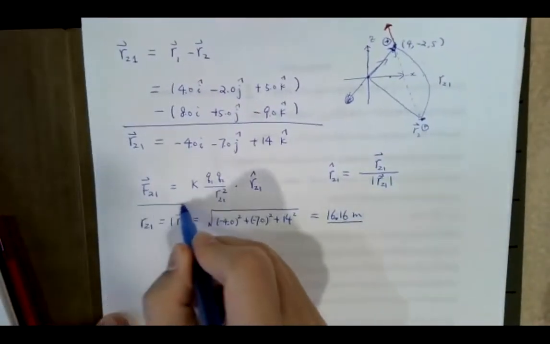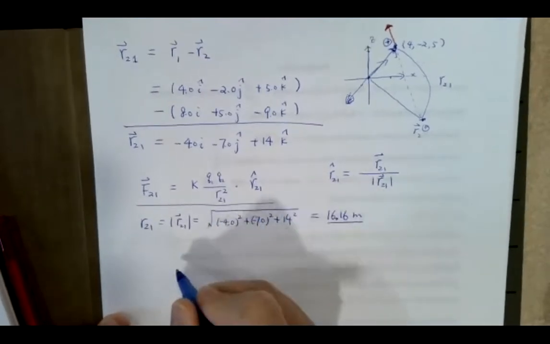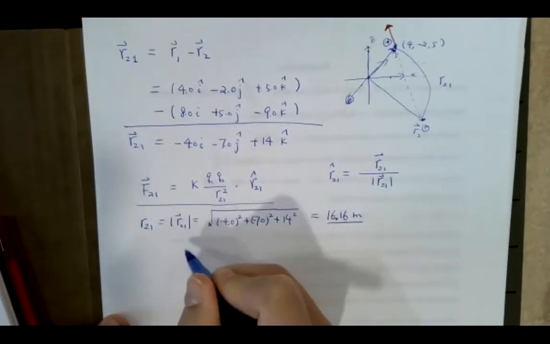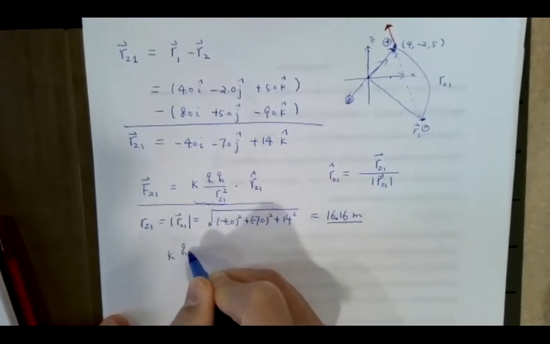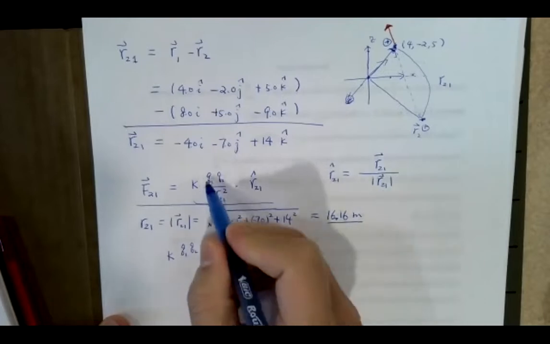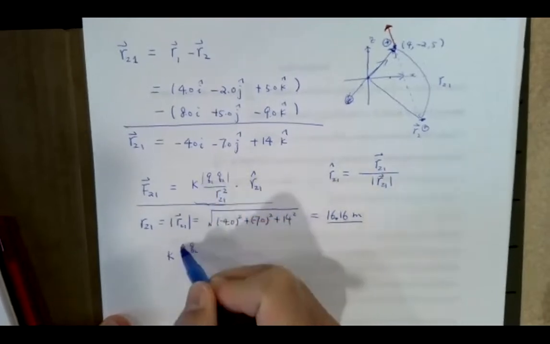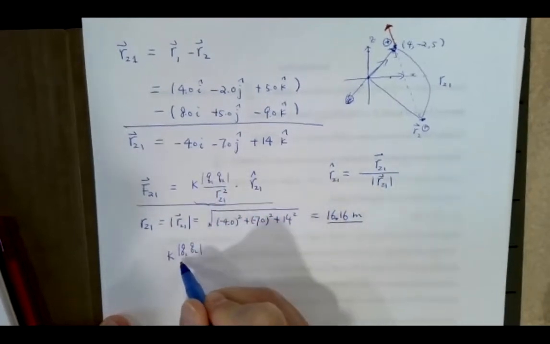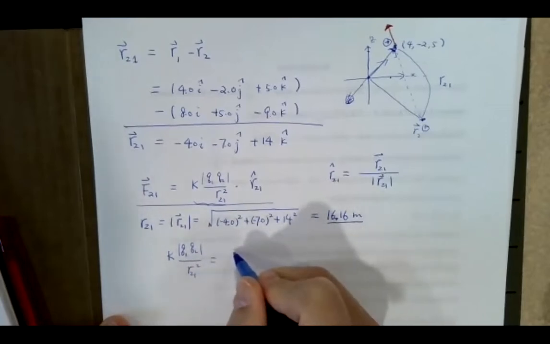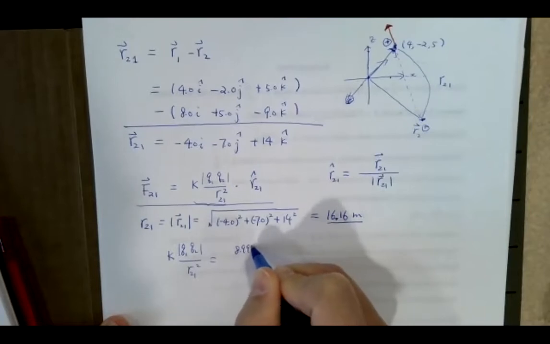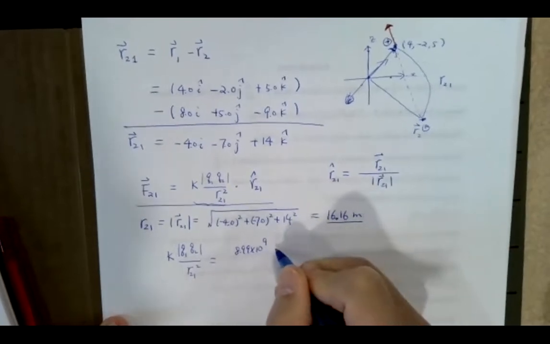And then this is what you are looking for. We can calculate what's this first, the magnitude of that k q1 q2. You should be doing the absolute values, because that's for magnitude, divided by r21 squared. So you can use 8.99 times 10 to the 9th.